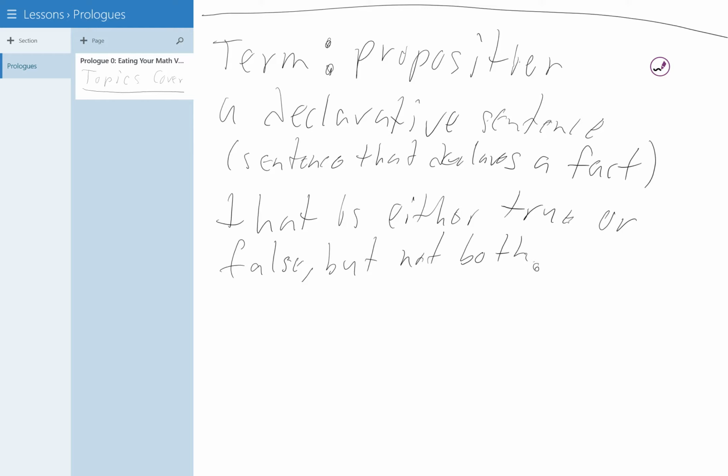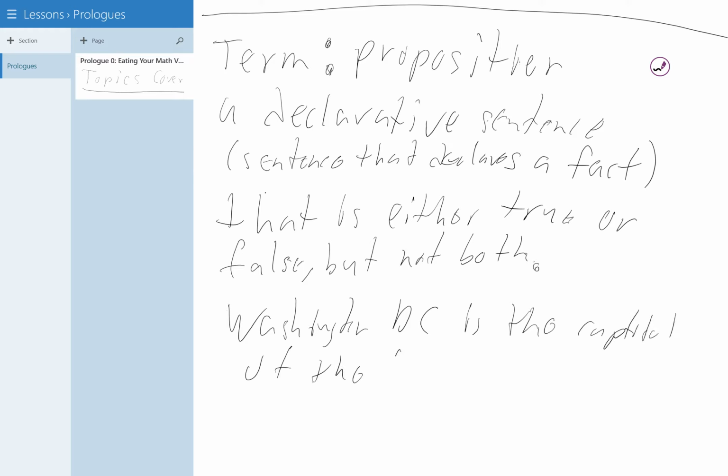So what are some examples of propositional sentences? There's one like: Washington, D.C. is the capital of the United States of America.